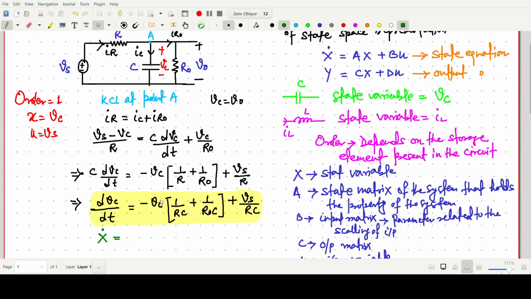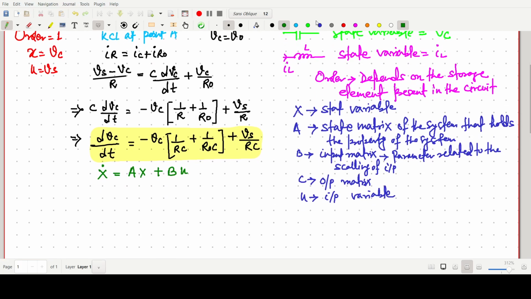Then this is x, and the other term is ax plus bu. So this one is our state equation.